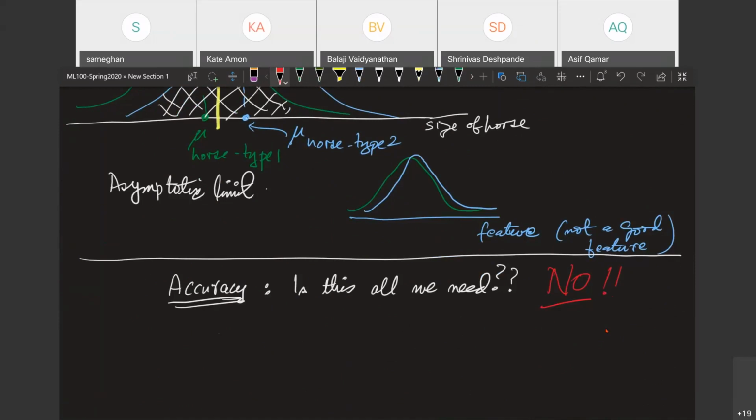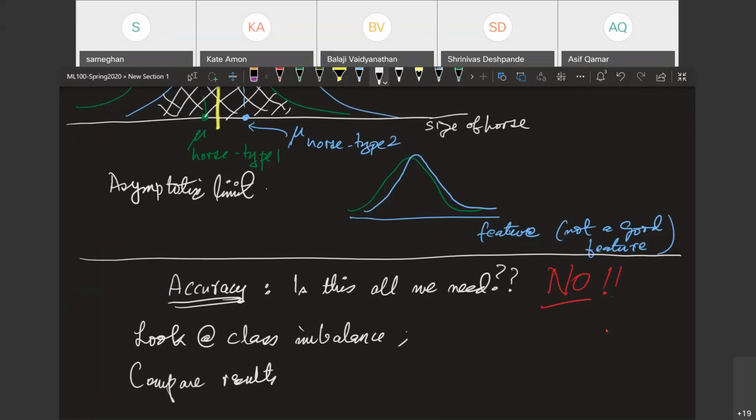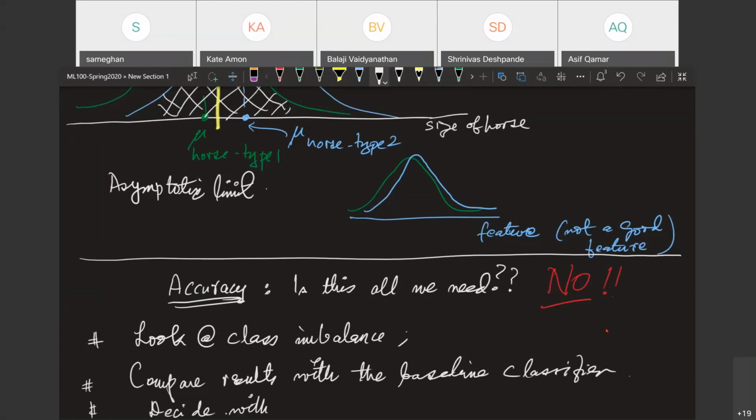Look at class imbalance. Look at the adversity of the errors. So I'll put it: look at imbalance, compare results with the baseline classifier, and so decide which type of error is worse.